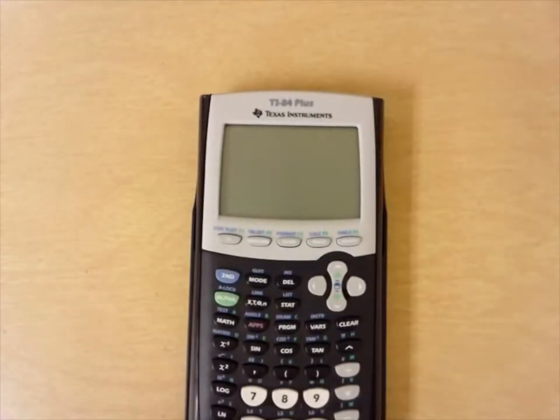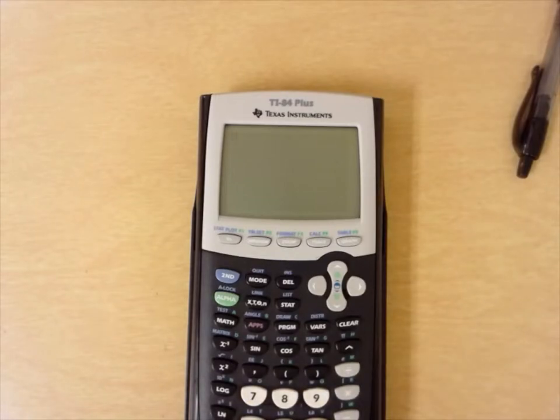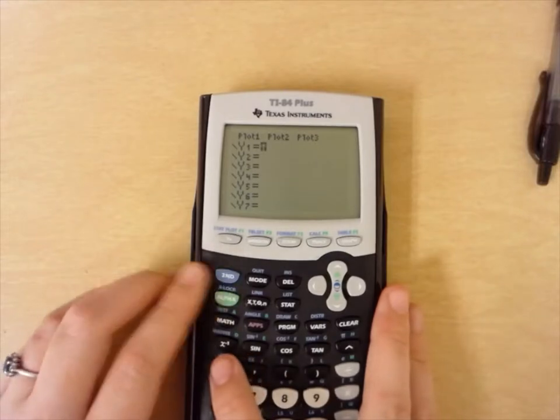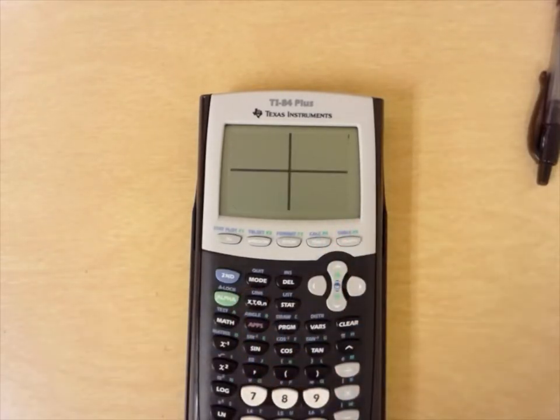So, let's graph what that looks like, actually. Let's really investigate that. Let's make sure we're right. If we type in our y equals square root of x, we do second radical, and then we do x, and we graph it.